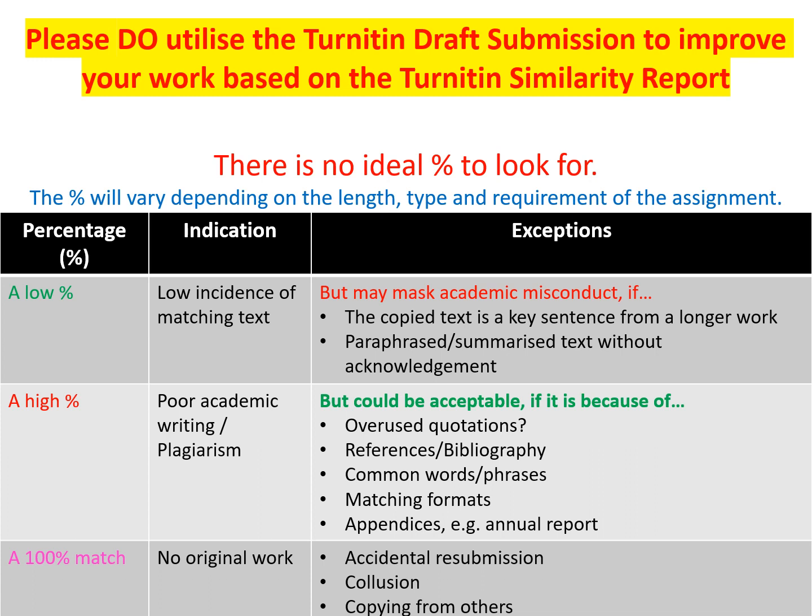And if your work has a high similarity index, definitely you have to put a lot of time and effort into working through the report and making relevant changes. And if it comes back as a 1% match, it is something that you have to really look into. Either you have cloned with other people or copied from somebody else, or it is an accidental resubmission of your draft. So that is something you have to contact the technical people to get it sorted.